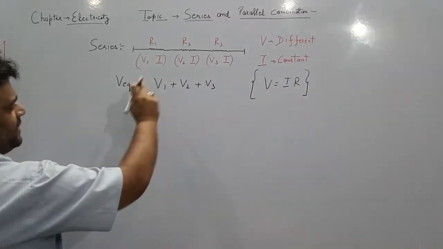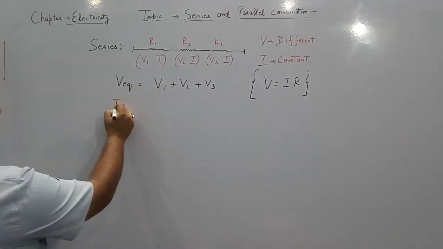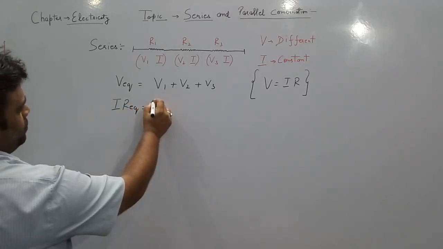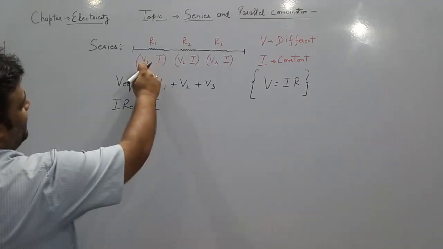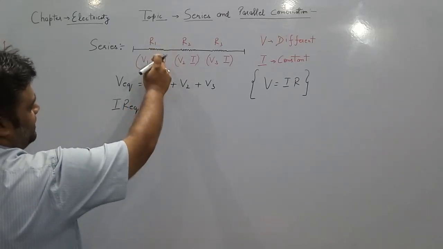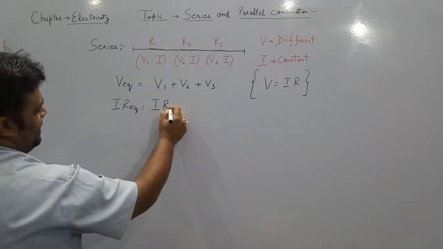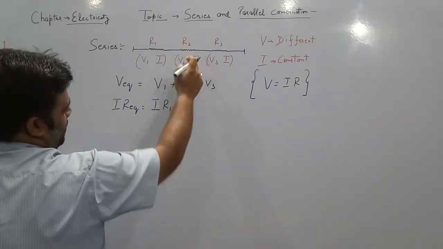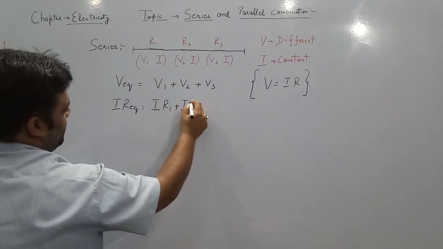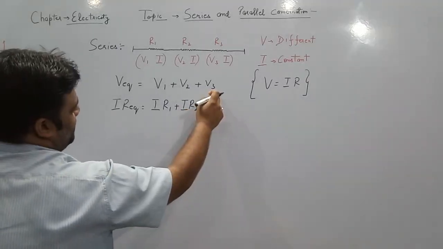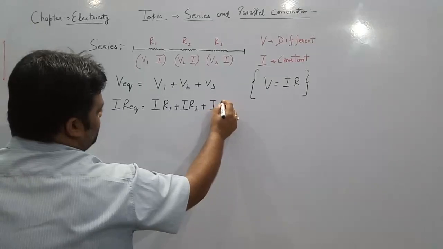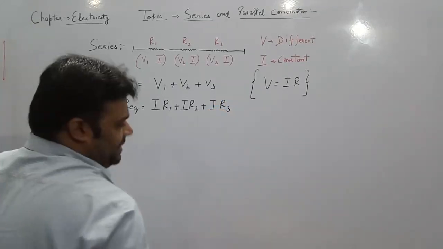If we place this value here, it will become I R equivalent is equal to, at V1, resistance is R1 and current is I, that is I R1. At V2, resistance is R2 and current is I, that is I R2, plus at V3, resistance is R3 and current is I, that is I R3.